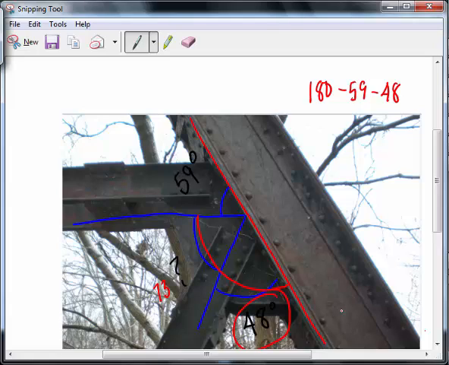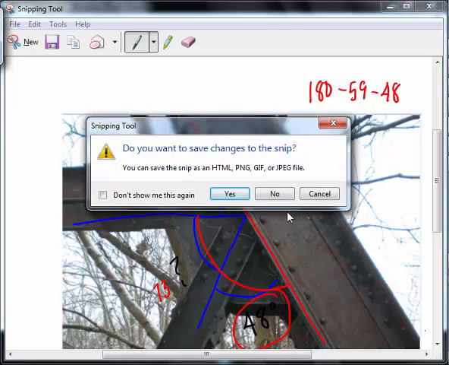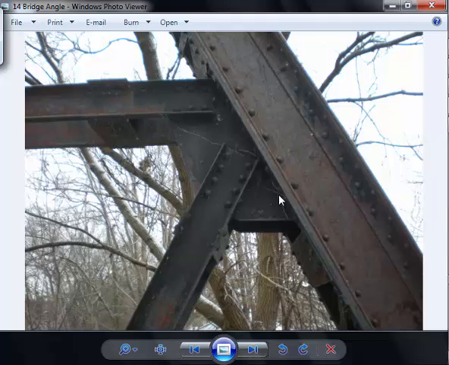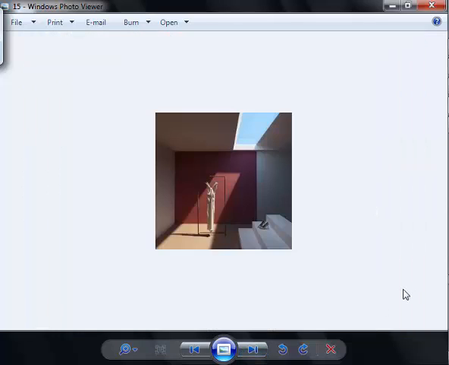Okay, next. That was number 4. Number 5, this picture. Okay, so it tells us that we've got this. Oops.